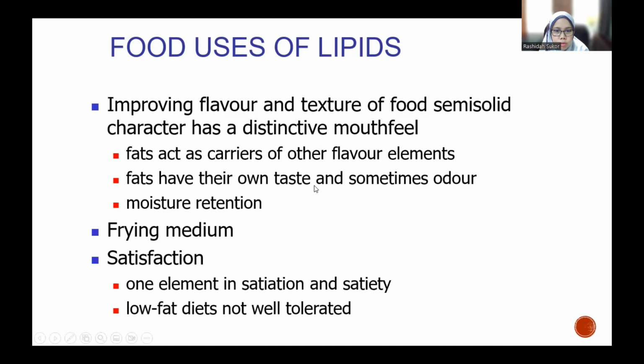Fats have their own taste and sometimes odor. Different fats will have different taste and odor. And then moisture retention. I'm not sure if you can still recall your water class with Dr. Alia.